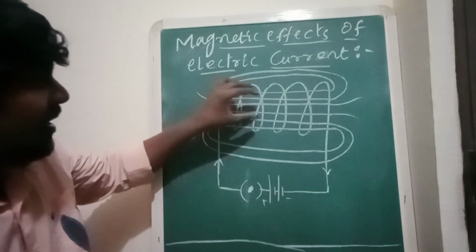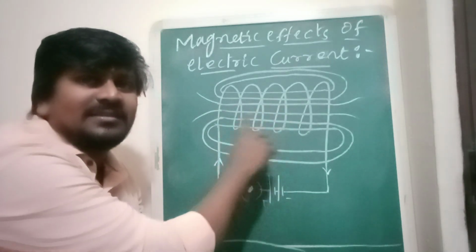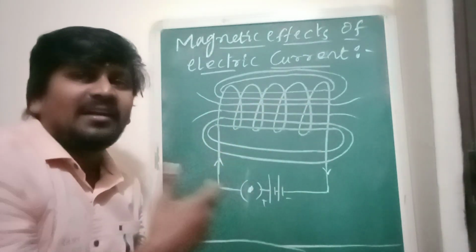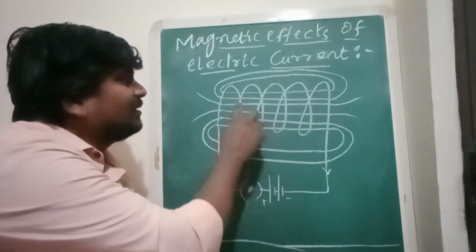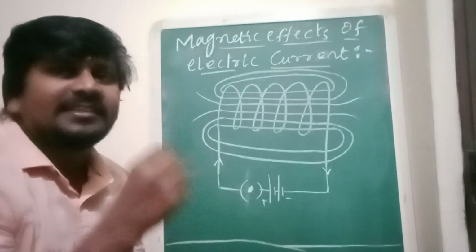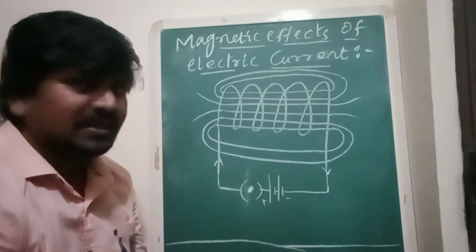Inside the solenoid, in this area, the magnetic field is uniform throughout. Wherever you see, at all the points, the magnetic field is uniform. You can observe this.